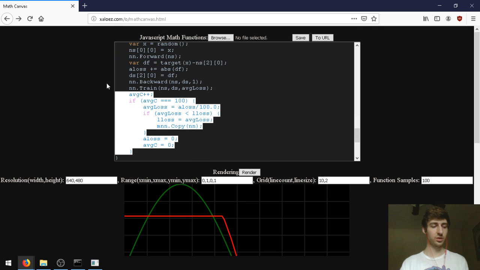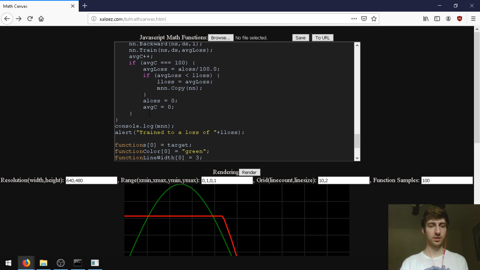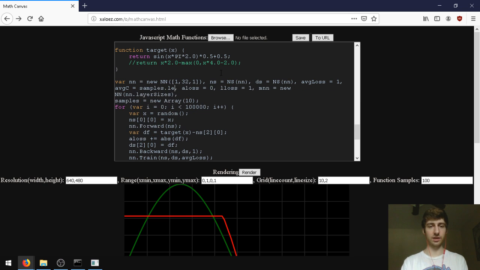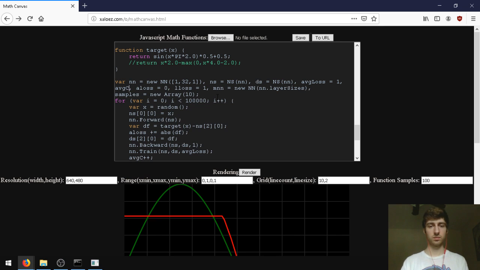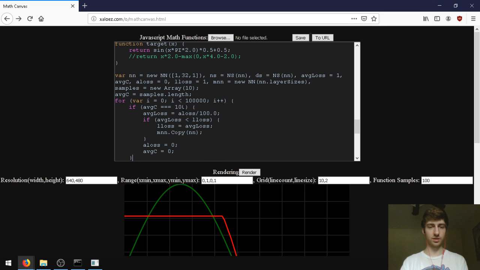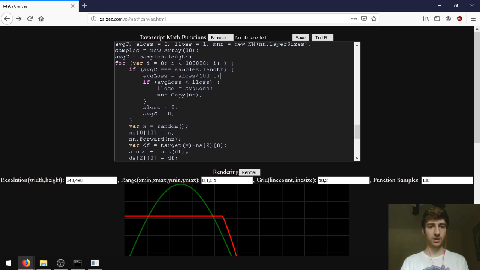I'm going to copy this part up here, I think. Then I'm going to set average C to samples.length to begin. Okay, so then this is going to check if average C equals samples.length.